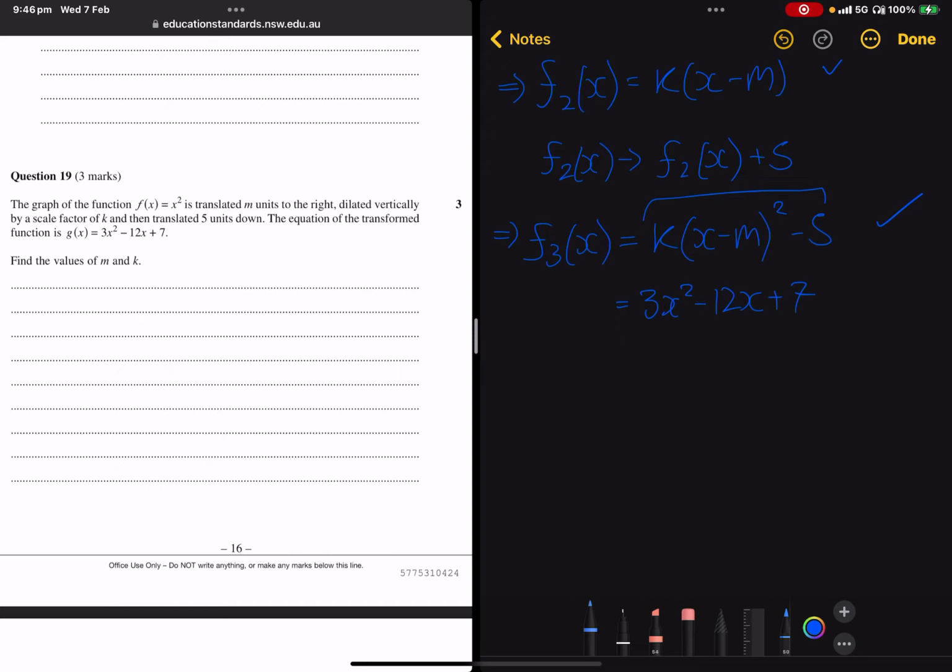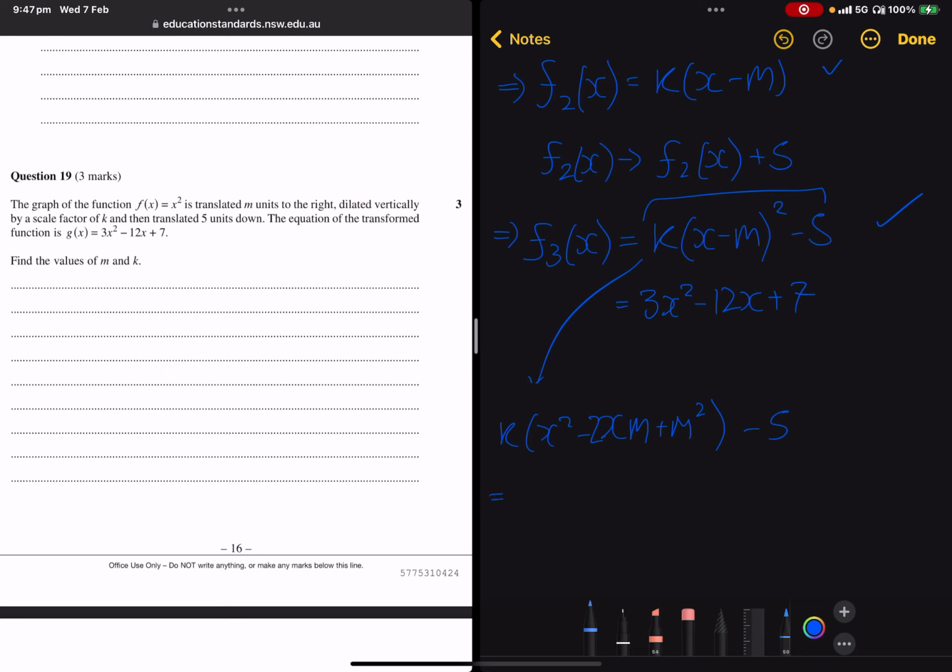So if we expand this expression up here, we get k times (x squared minus 2xm plus m squared) minus 5.